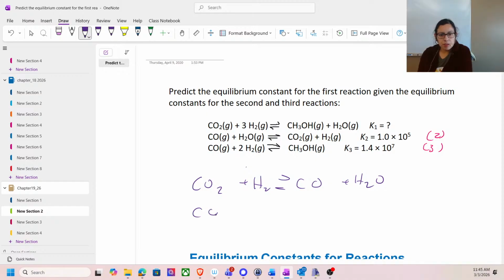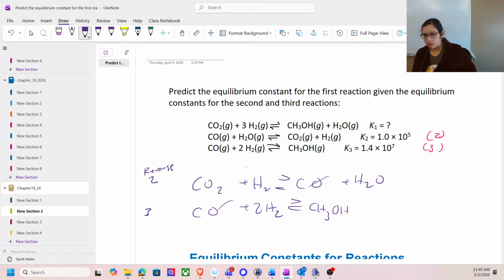I'm just seeing if we can add up these equations. Okay, so the CO cancels, and then we get CO2 plus 3H2 plus 1 equivalent of water plus 1 equivalent of methanol. So, okay, that works, to just reverse 2 and then add them. And so let's think about all the concepts that we were told.